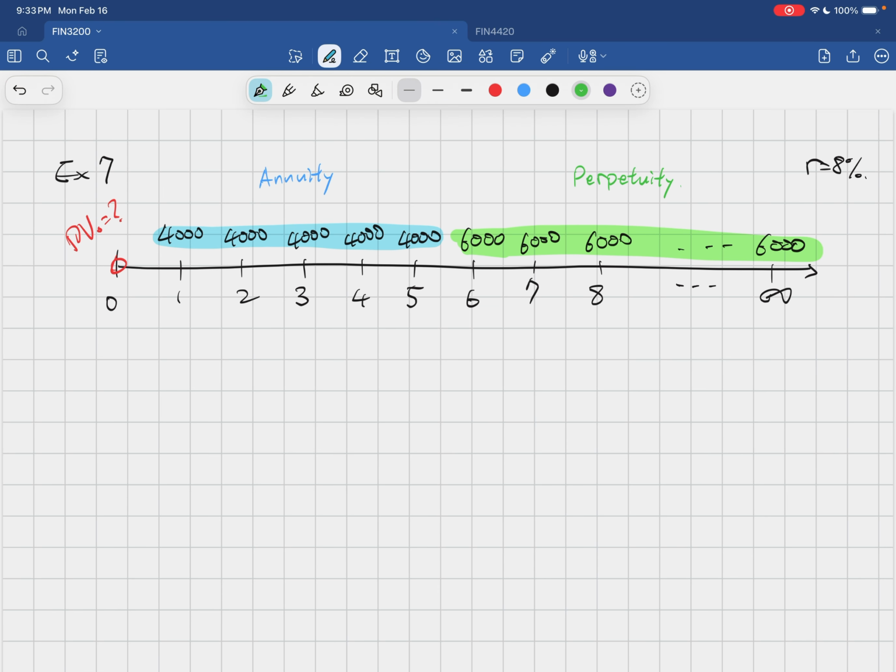If I were to write everything out a little more formally, the present value of everything, I'll just call it NPV, net present value, is equal to the present value of the annuity component plus the present value of the perpetuity component.